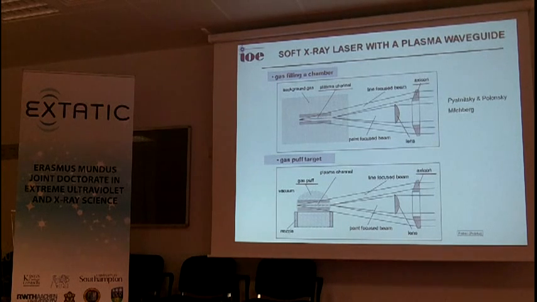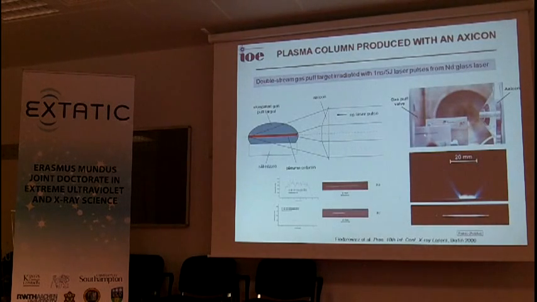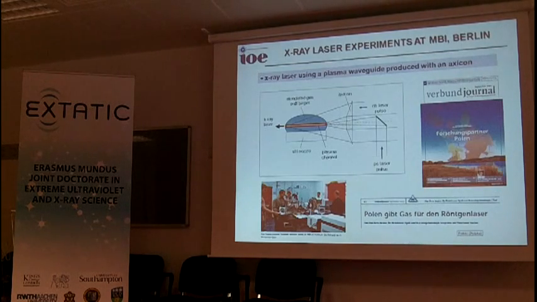They use an axicon, which focuses the laser beam in a gas filling the chamber. And we propose to use, instead of this gas filling the chamber, an elongated gas puff target. And we performed such a preliminary study in our laboratory.